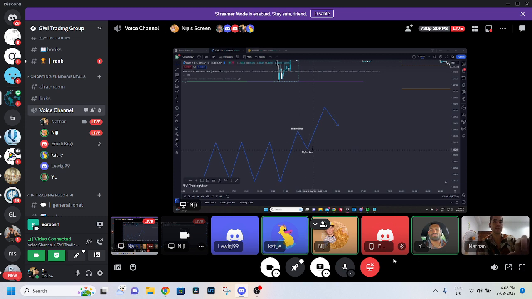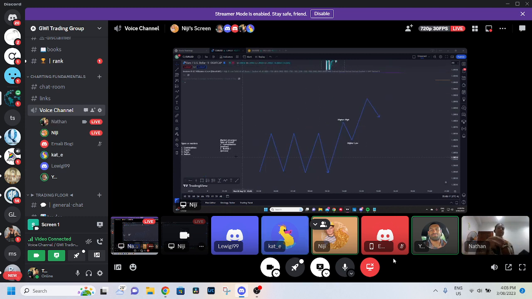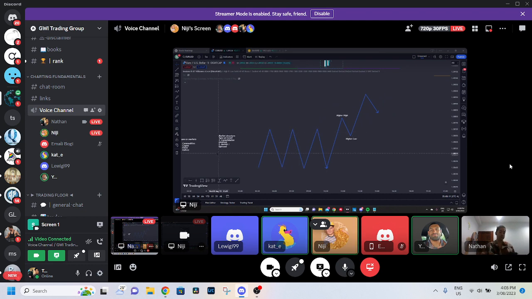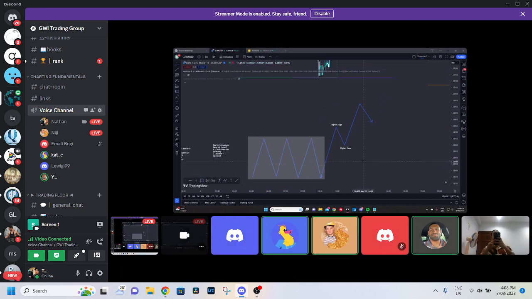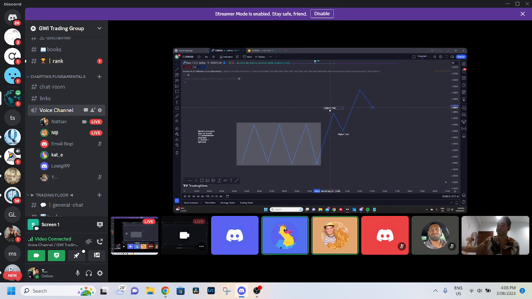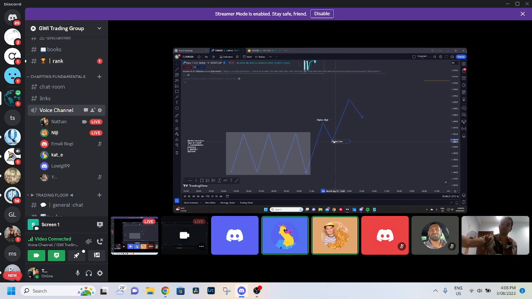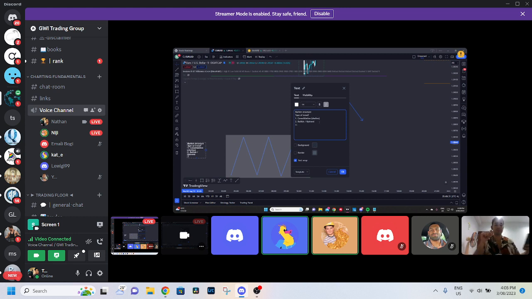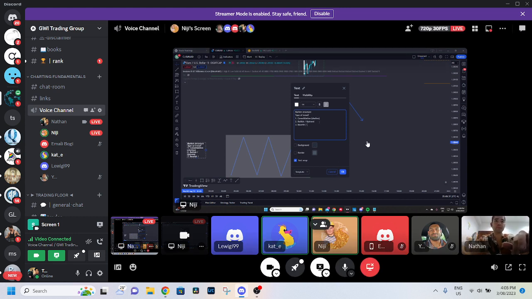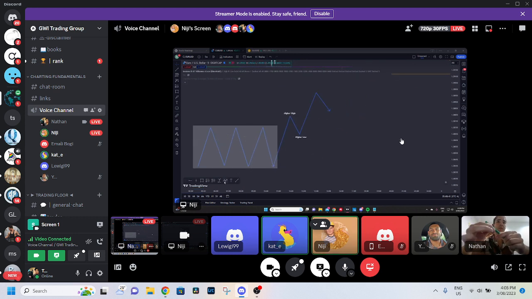For us to see an uptrend or a bullish trend, we need to see the consolidation break, which is this, and we need to see price putting in what we call higher highs and higher lows. That's how we can tell if it's an uptrend. On the opposite side, what comes up must come down. So we have a bearish trend, or downtrend.